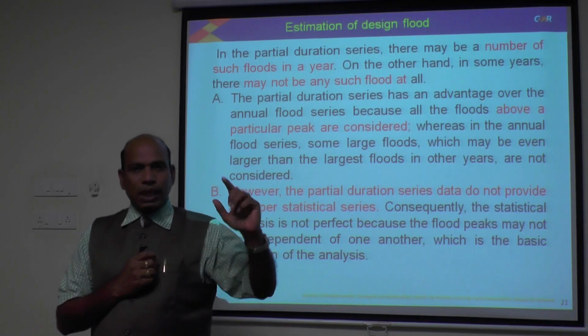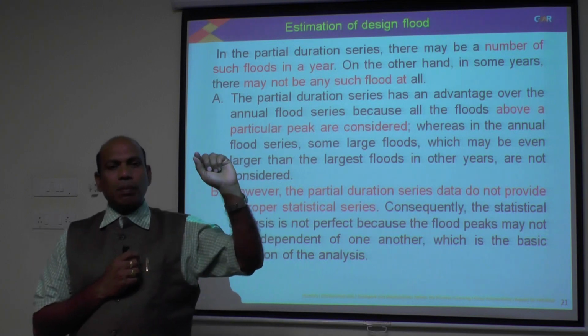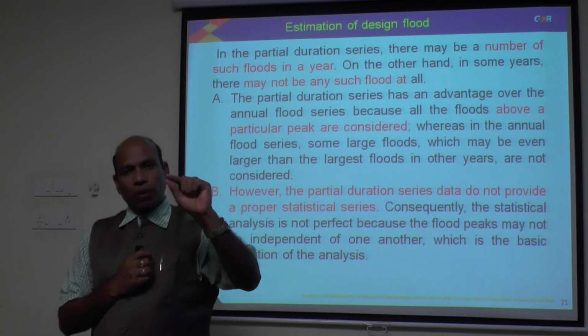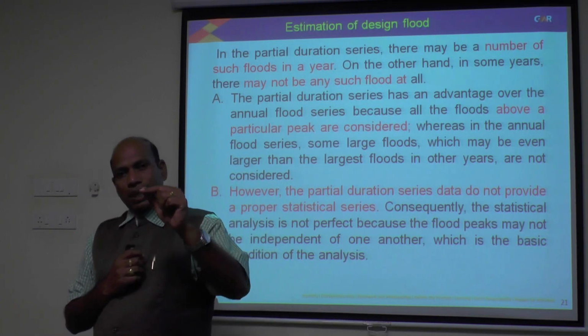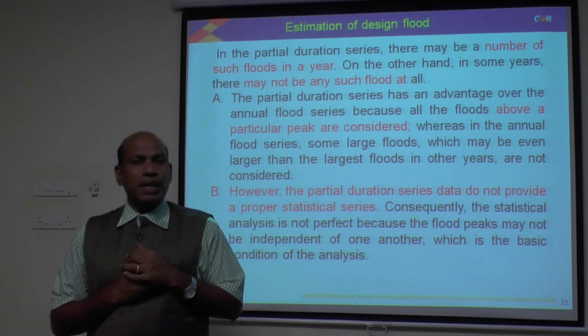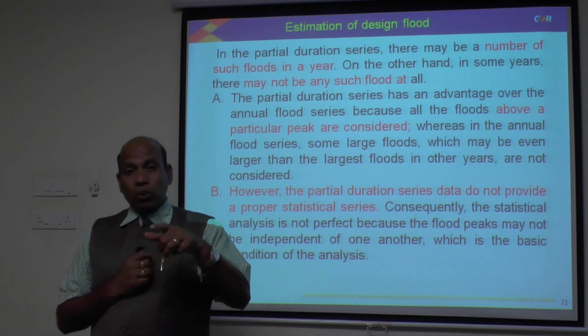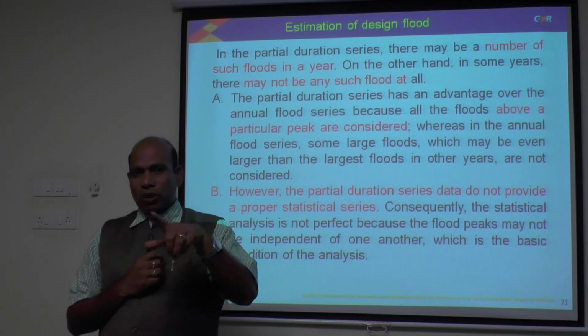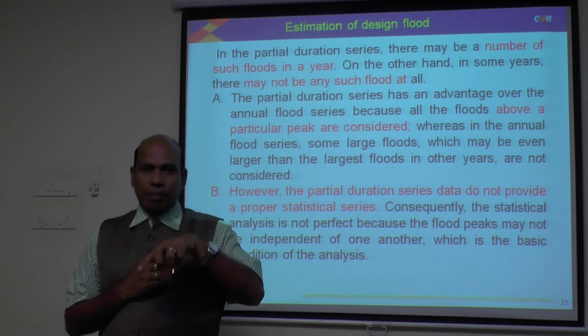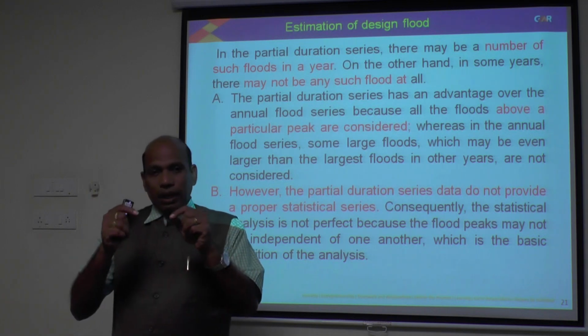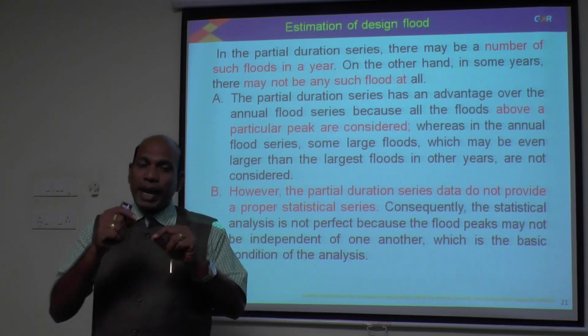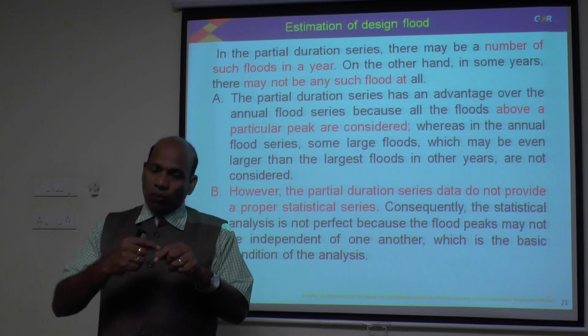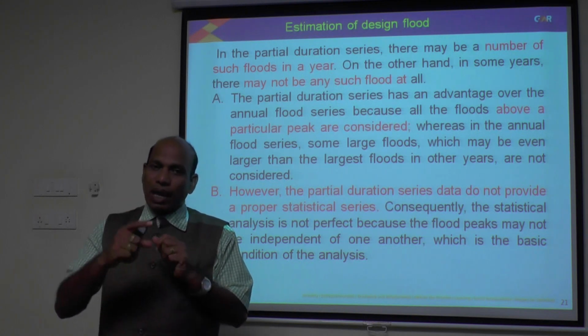The 2013 peak flood is 100 meter cube per second, 2014 is 150 meter cube per second, 2015 is 150, and 2016 is 200 meter cube per second, which is the maximum. In the year 2016 there are also two other peaks, 180 and 170 meter cube per second.